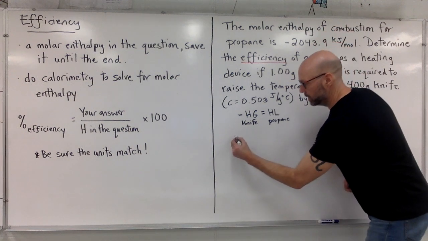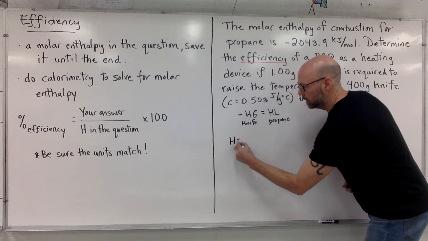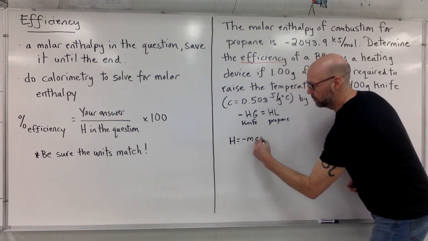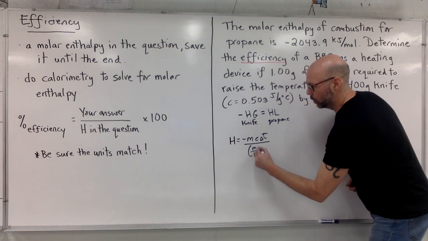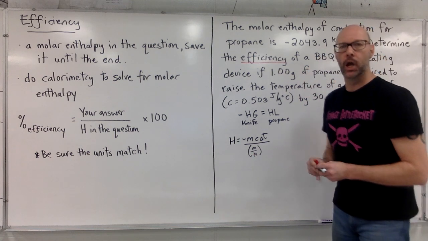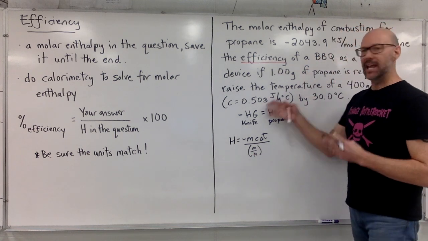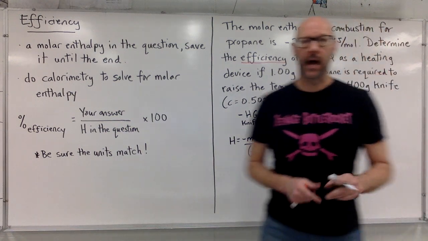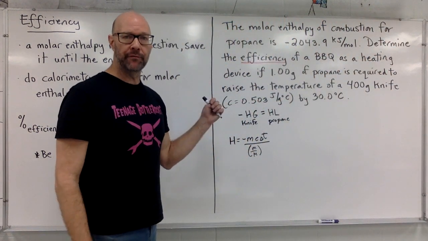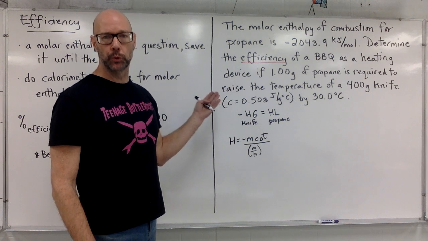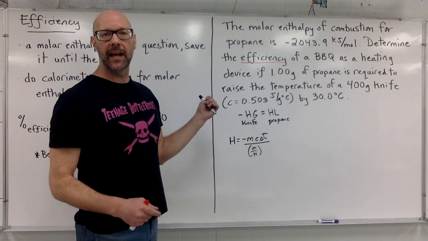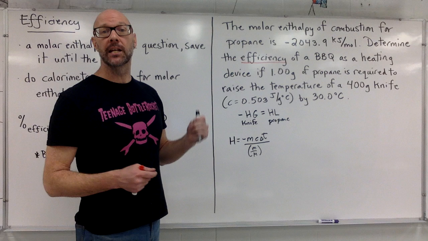That's going to be H equals negative mcΔT over mass over molar mass, where this mcΔT is the knife. We have a 400 gram knife, the specific heat capacity, 0.503 joules per gram degrees Celsius, and the temperature change is 30 degrees.